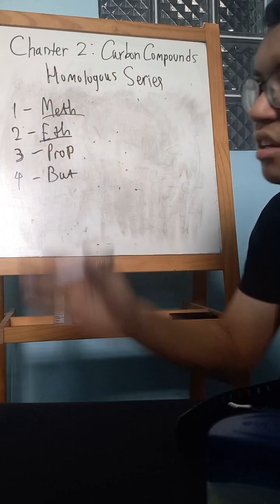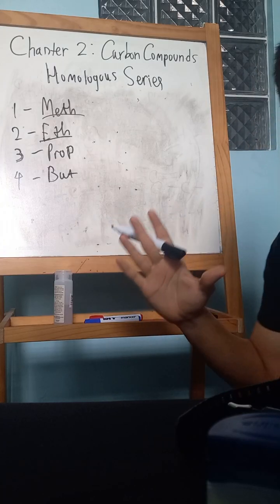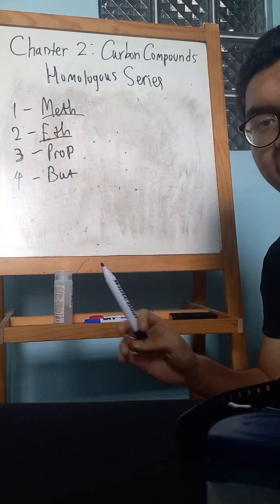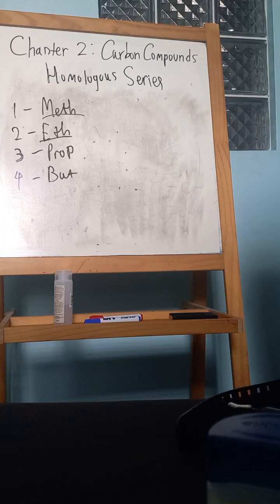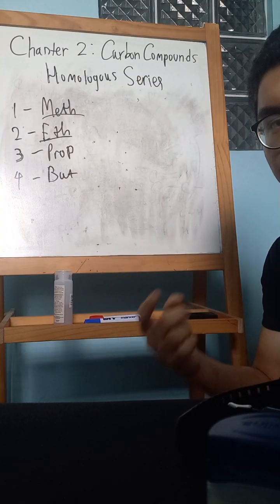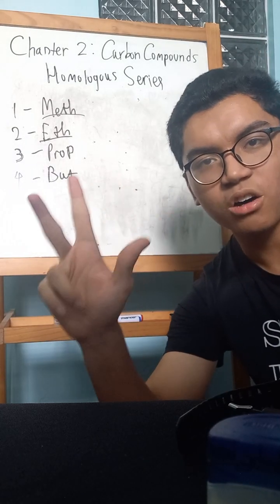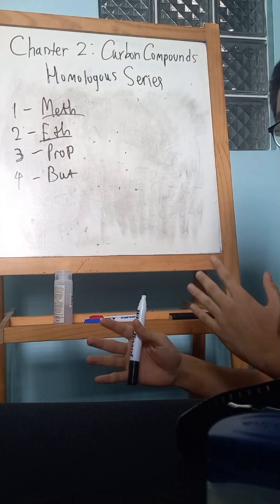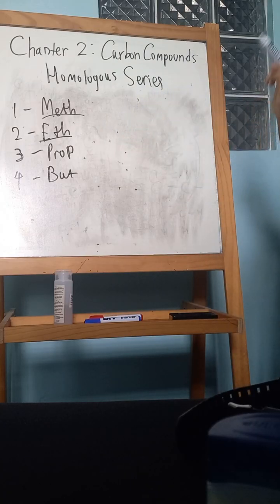Like everything else, if you know geometry, you should be able to know it. 5 carbon atoms would be pent, like pentagon, which has 5 sides. 6 carbon atoms would be hex, like hexagon, which has 6 sides. So it goes up from 5: pent, hex, hept, oct, non, dec. If you know geometry, you should get it. These are the only 4 that are not correlated with geometry.